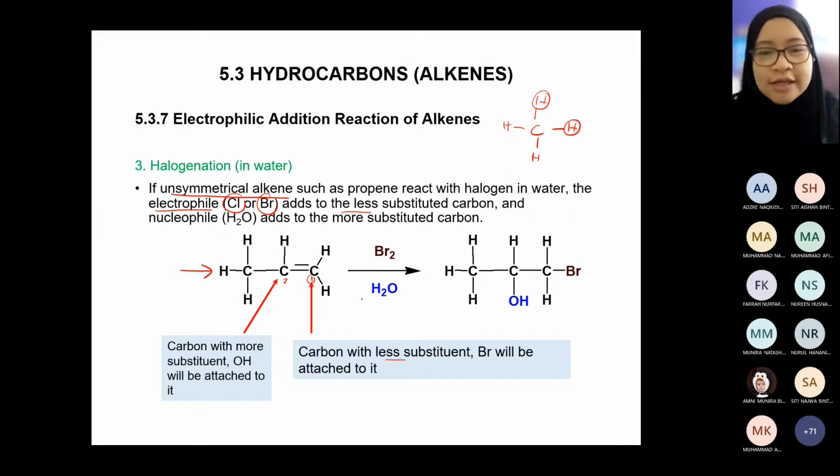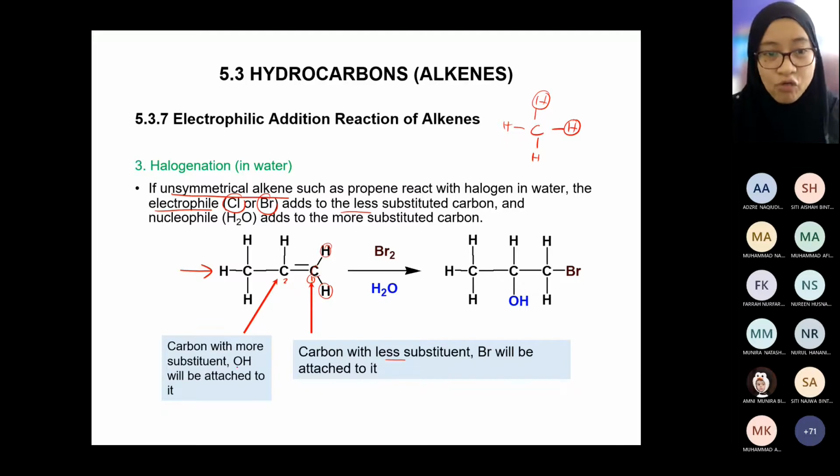Okay, alright. So that's why this carbon number 1 is considered as less substituted carbon because it has more hydrogen. So Br will be attached to this carbon. Br will prefer to be attached to the less substituted carbon.